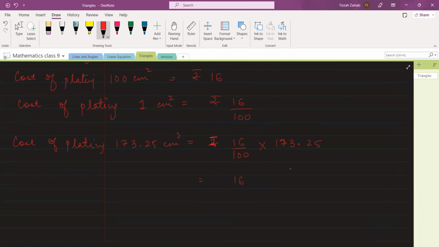Okay. Now this you can simplify. So again, you can remove the decimal first. So 173, and then you have 100 here, and then 100 will come here, right?